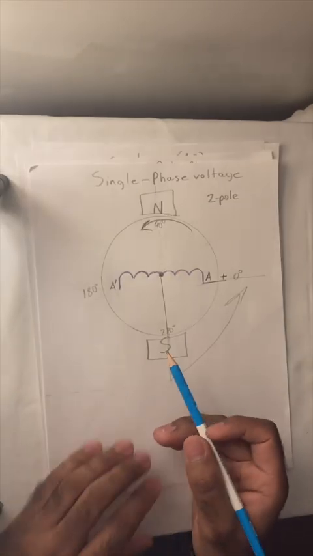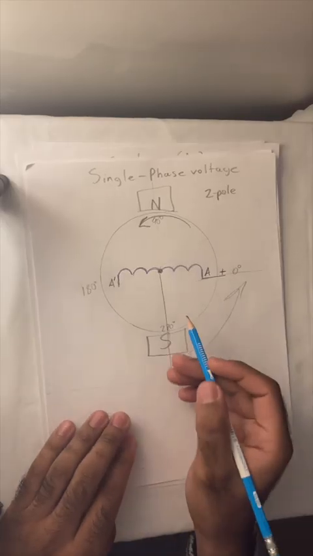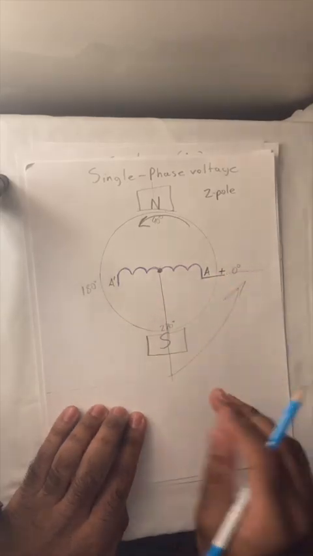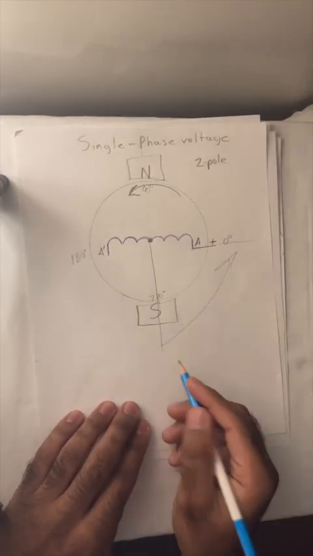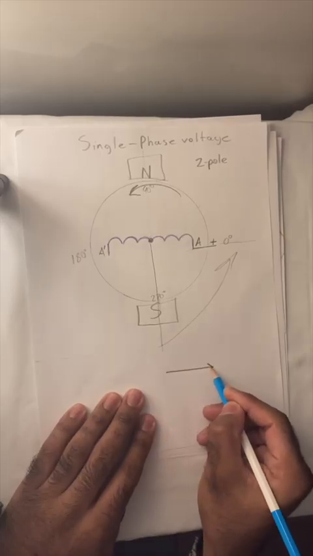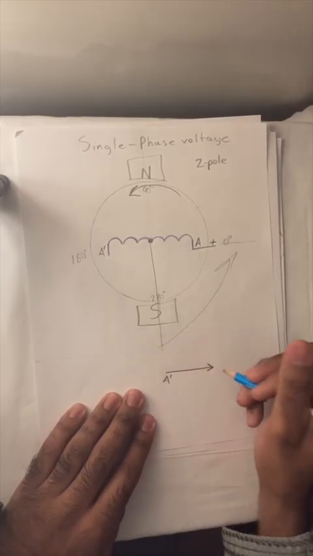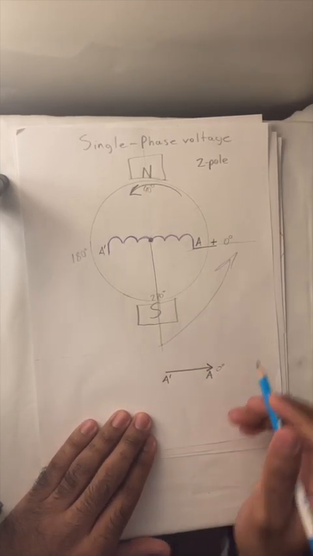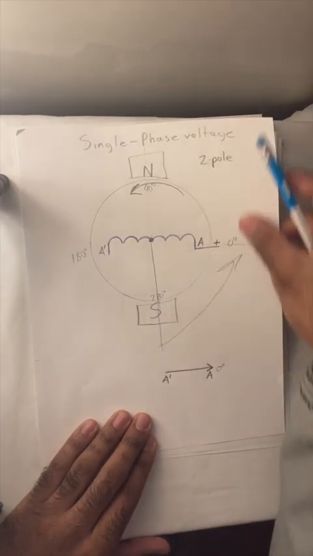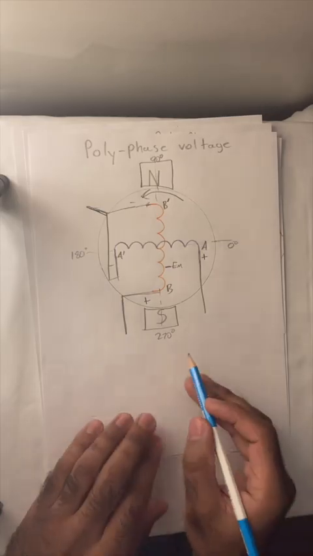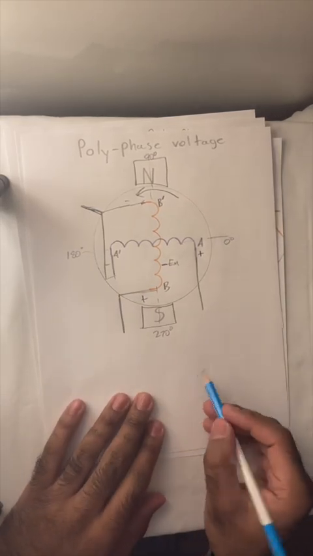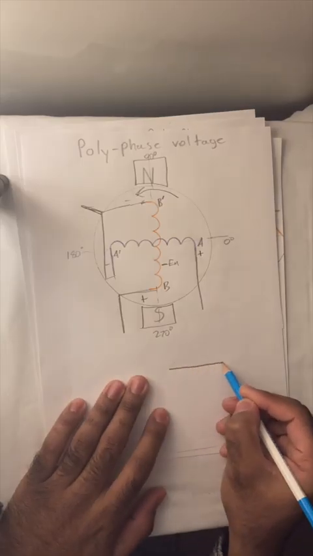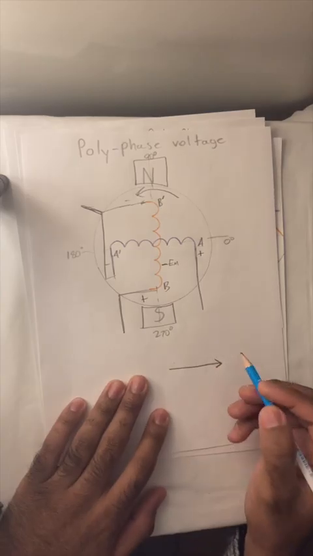To summarize thus far, the equivalent for the single phase system in this situation, this winding, would be a line to represent it at 0 degrees. As far as this polyphase system is concerned, the equivalent is also a single phase.